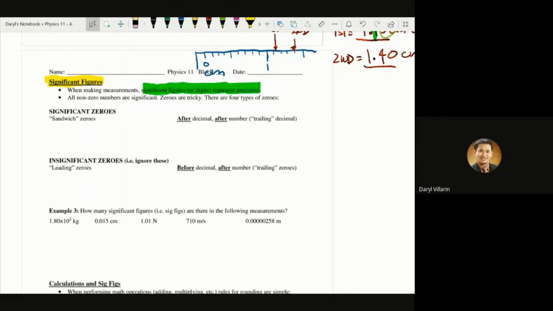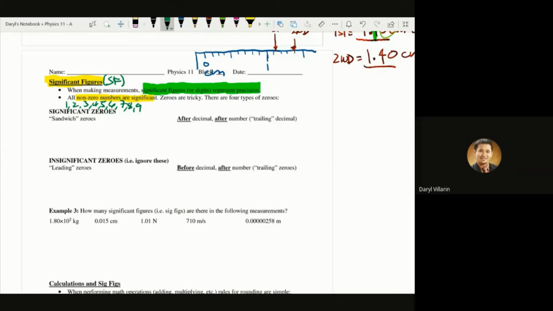Okay, so here's the thing on how to identify significant figures. In our case, I'll just write SF as shorthand to denote significant figures. So it is considered that all non-zero numbers are significant. Non-zero means 1, 2, 3, 4, 5, 6, 7, 8, 9.